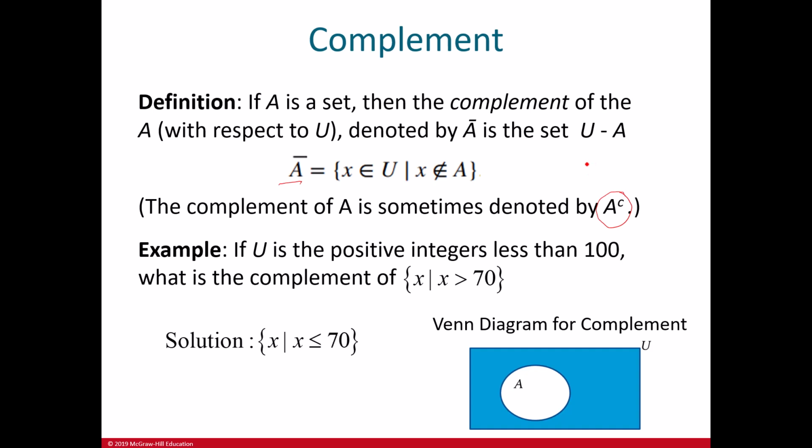So what it really means is the set of all elements that are in U but not in A. Maybe another way to read it is x in U but not in A. This is why you can see there is a sense of AND.